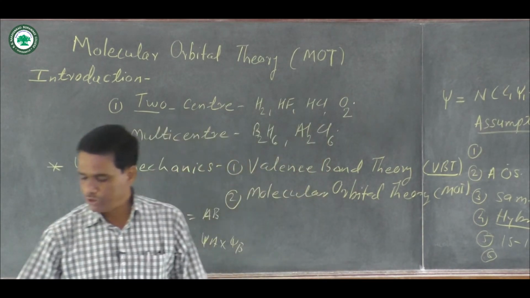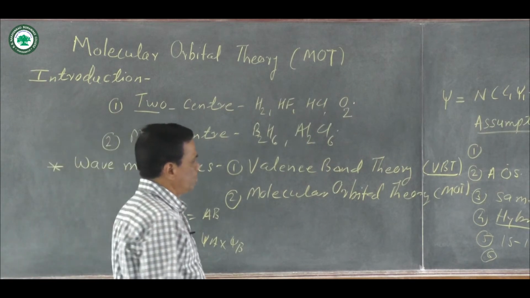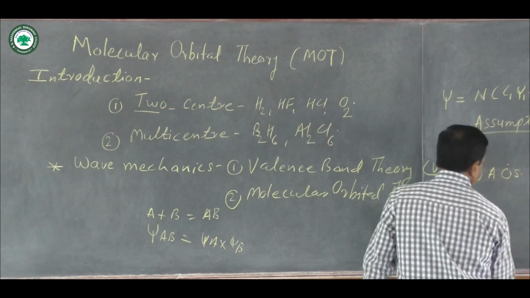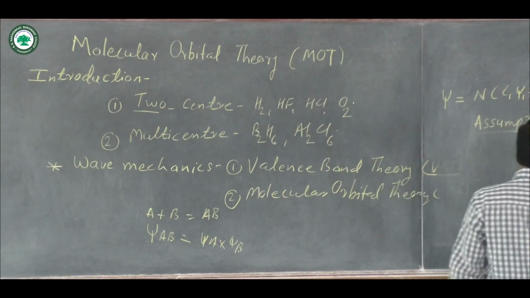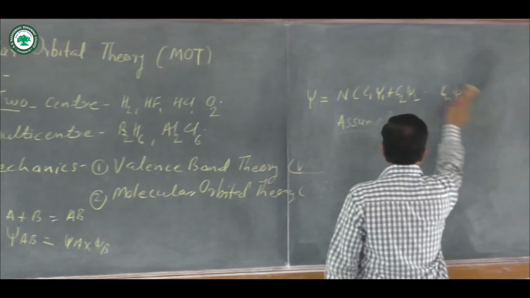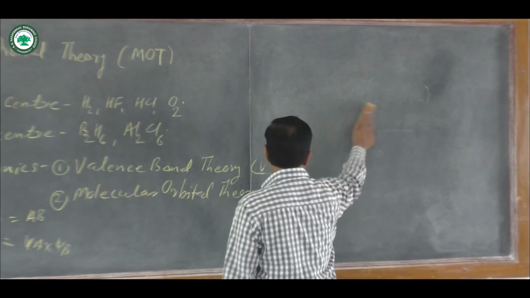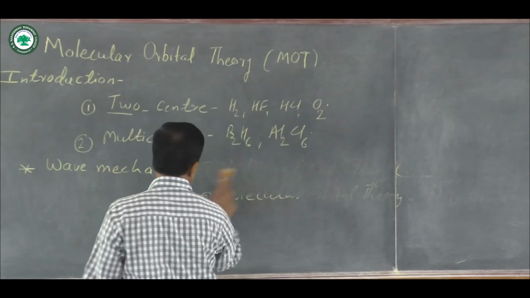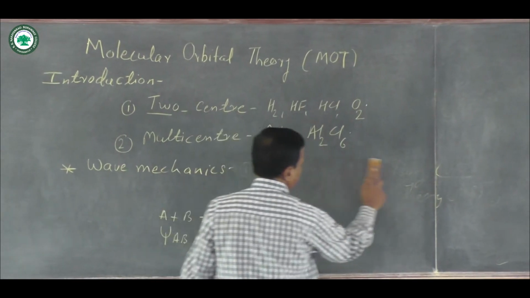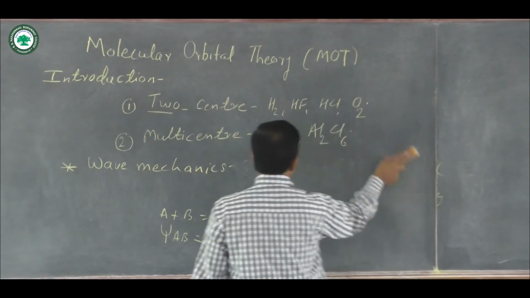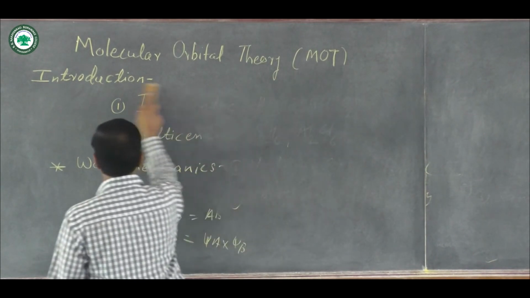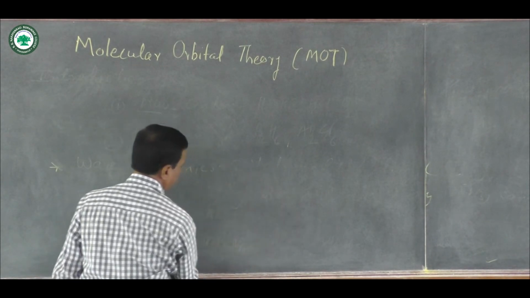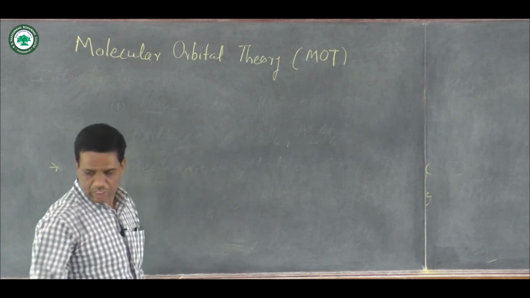Short form is MOT. This theory was put forth by Mulliken, and according to this theory, when molecules are formed, there is a combination of atoms. Means the first assumption of molecular orbital theory is that atoms combine and molecules are formed.